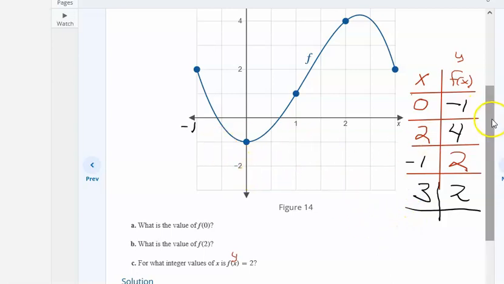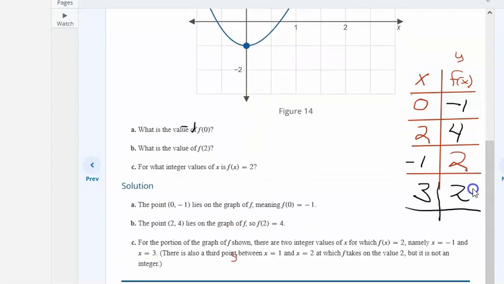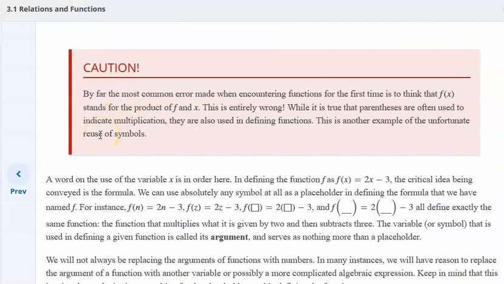Let's check it out here below. And we are correct. Now in the text, they're giving us caution here that when we write the function symbol, again, it's not multiplication. This is just using symbols for something else. It's the value of what x is.